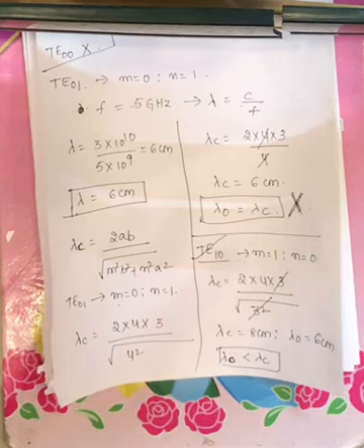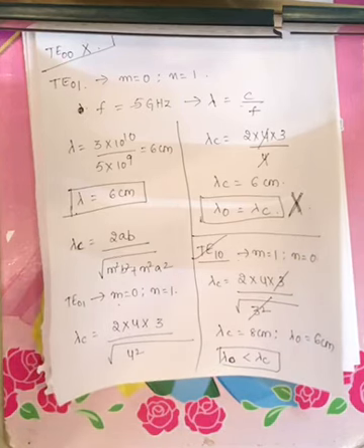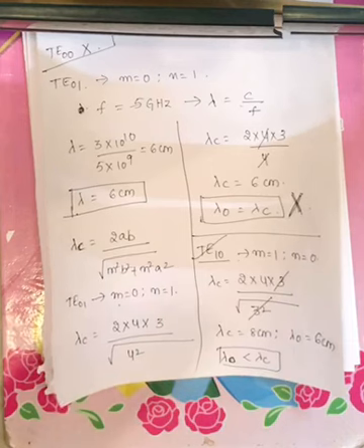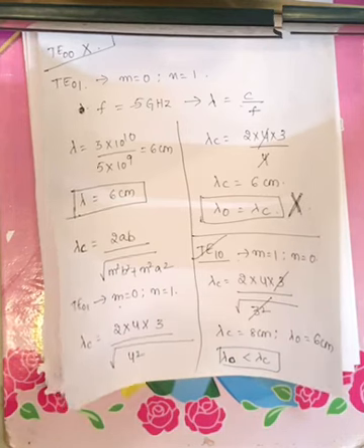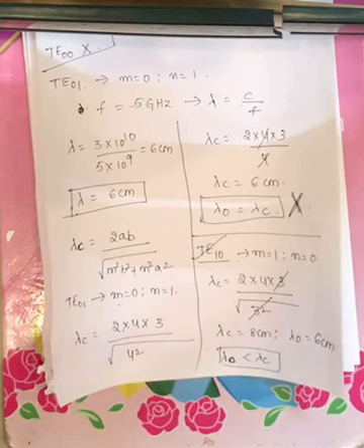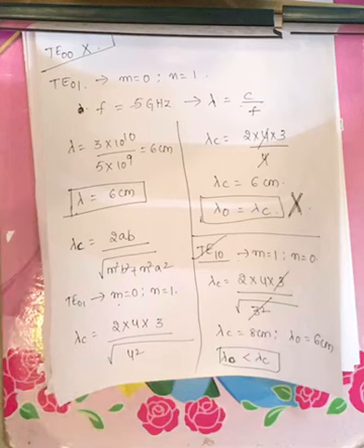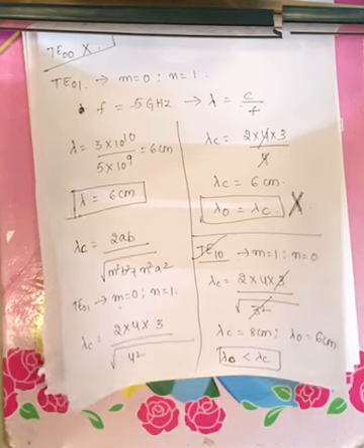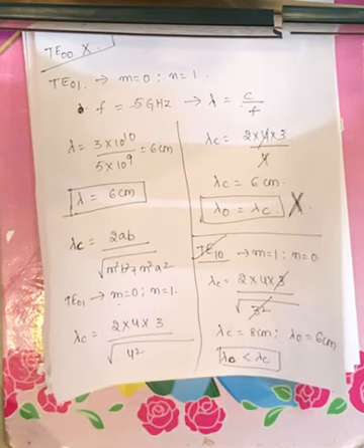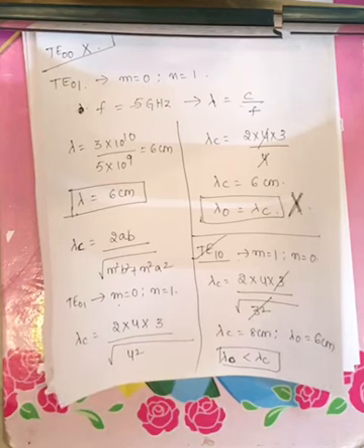You just have to remember the relation, right? You have to calculate free space wavelength and cutoff wavelength of a particular mode, and relate both, and see whether they are equal, greater than, or less than. Just remember, only when free space wavelength is less than cutoff wavelength, at that particular condition, that particular mode is allowed through the waveguide, right? Now this is about solved problems.